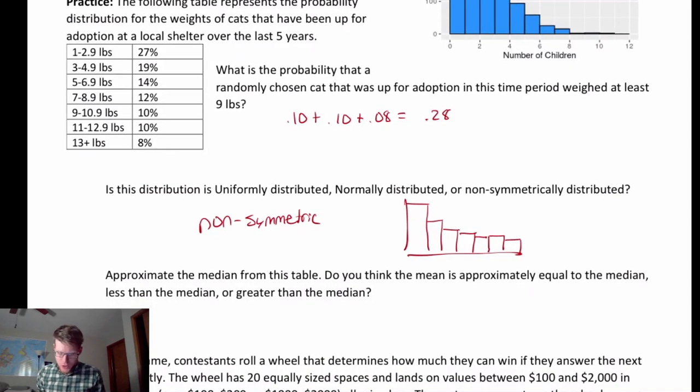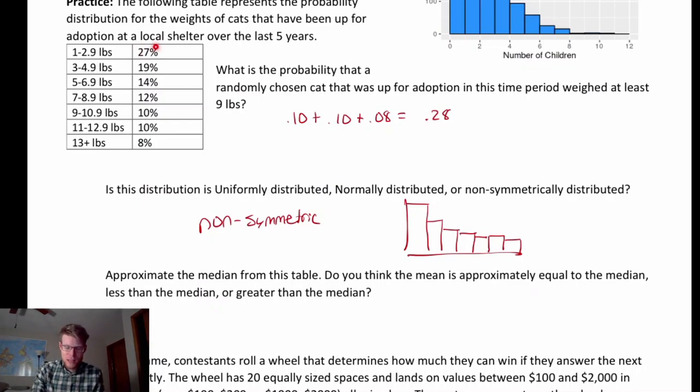All right, approximate the median from this table. Do you think the mean is approximately equal to the median, less than the median, or greater than the median? So if we're going to approximate the median, remember that the median is going to be the 50th percentile. So it's going to be the value such that half the data is below and half the data is above. So if I look at this table here, I'm going to try to find where I meet 50%.